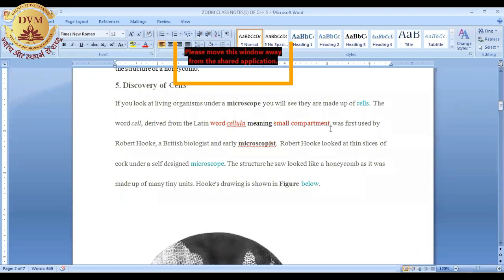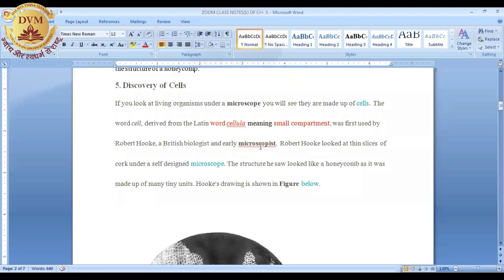It was first used by the scientist Robert Hooke, a British biologist and microscopist. Microscopist means he made a microscope by joining lenses. It was a self-made microscope.